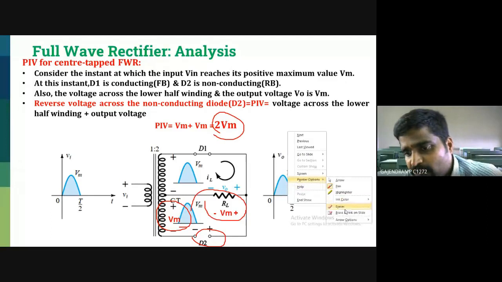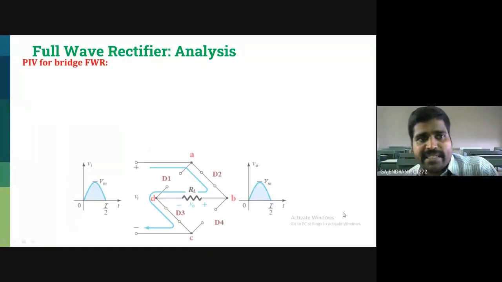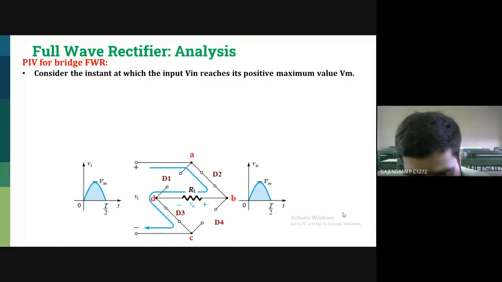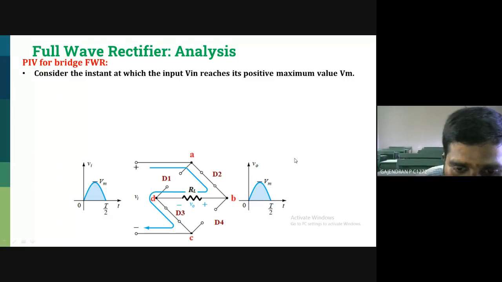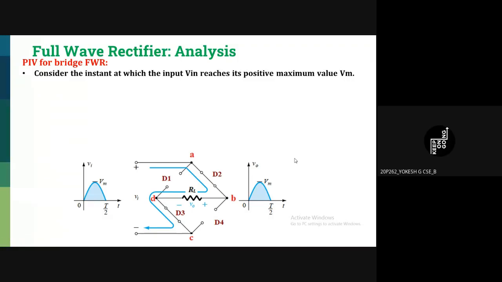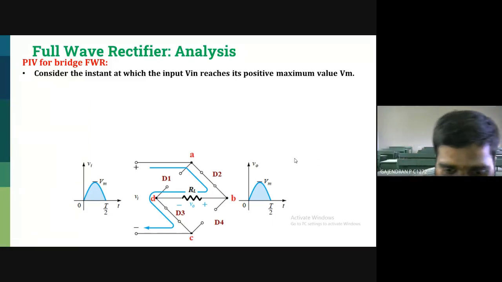Okay, now we will see the bridge rectifier. Bridge rectifier is very simple. As I told you already, with my input voltage now, which diodes will not be conducting? Can anyone tell me? D1, D4.